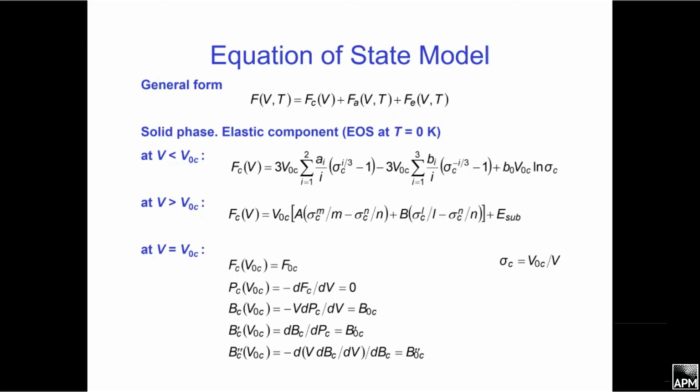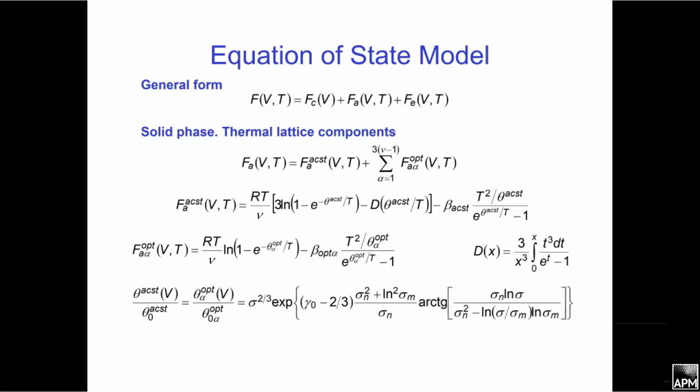Here sigma c is the compression ratio. This formula is for the compression region, and this formula is for the expansion region. E sub is the energy of sublimation.